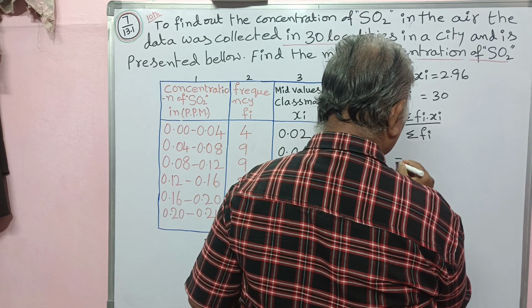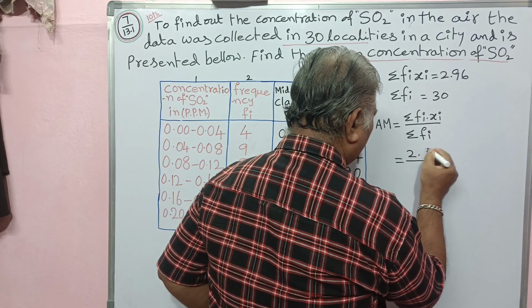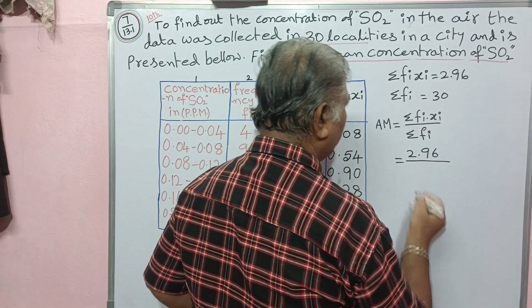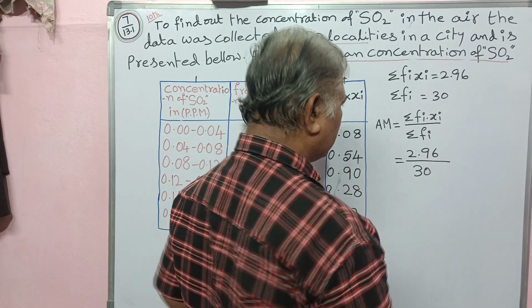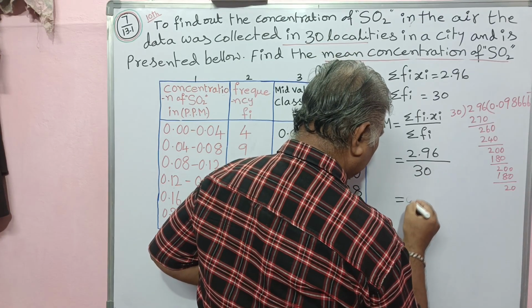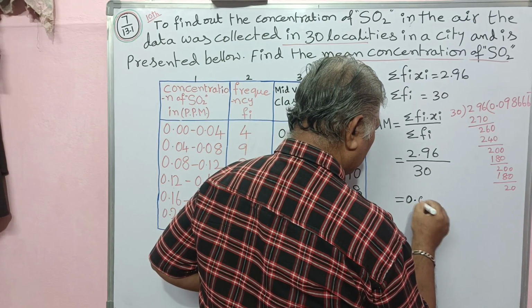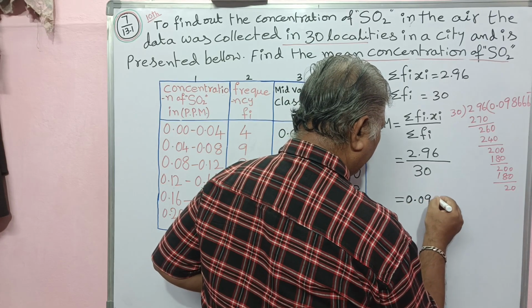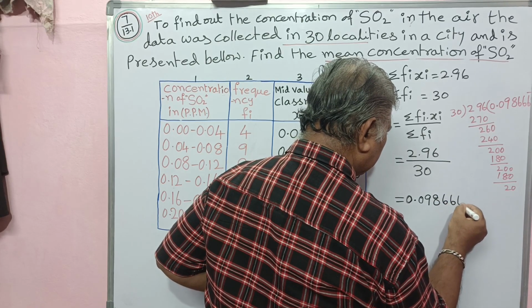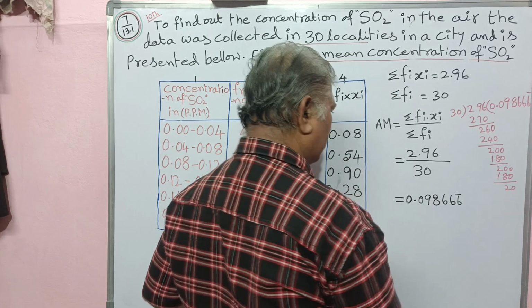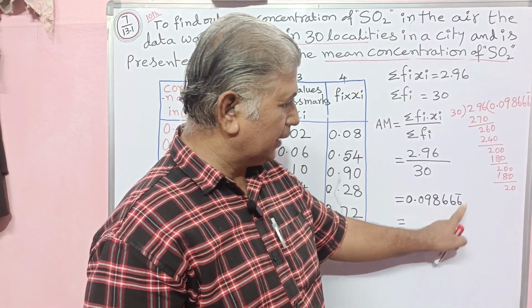That is equal to 2.96 by 30, which is 0.09866 and so on.